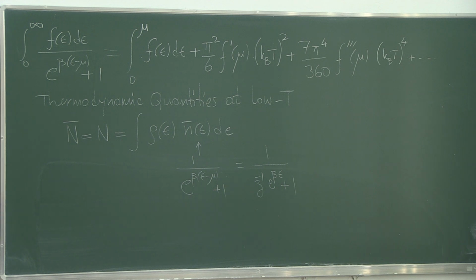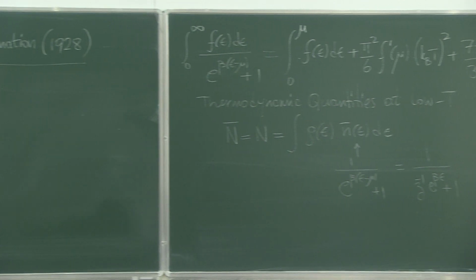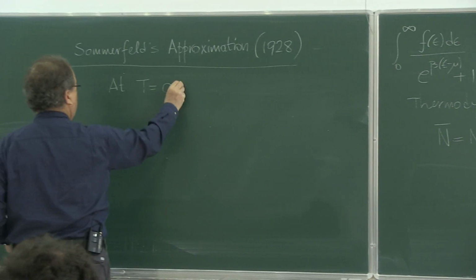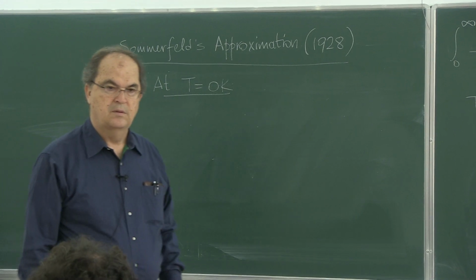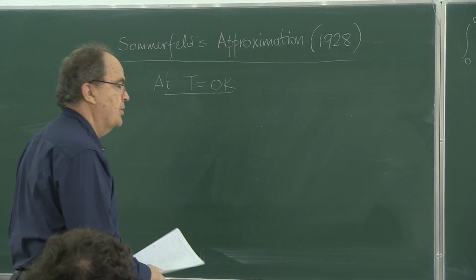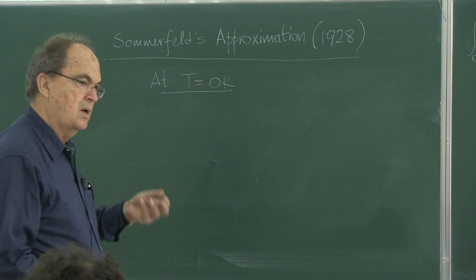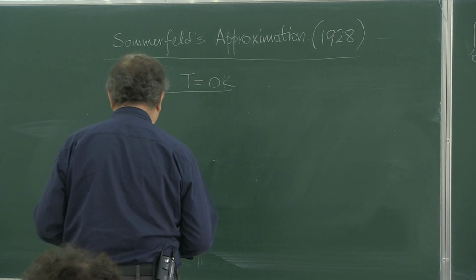You only have the first term. This is an important limit. Let's do a calculation at 0 K for the fermions.